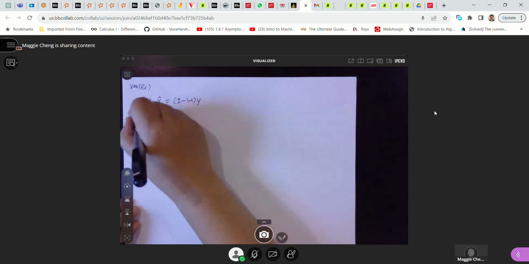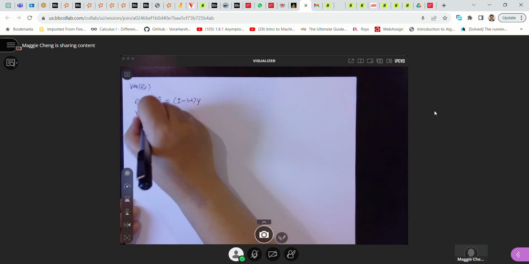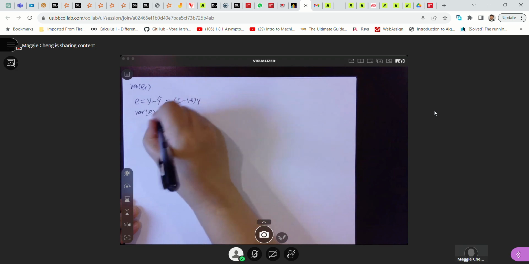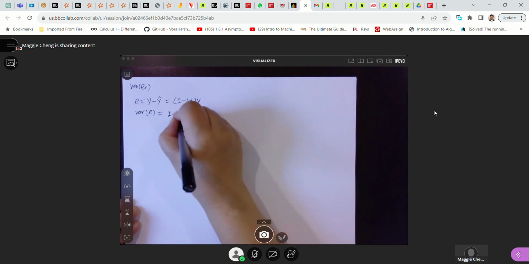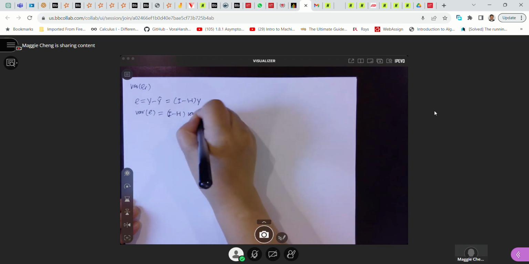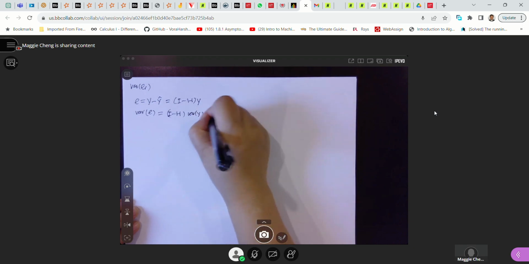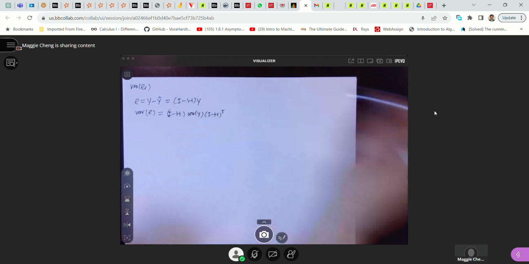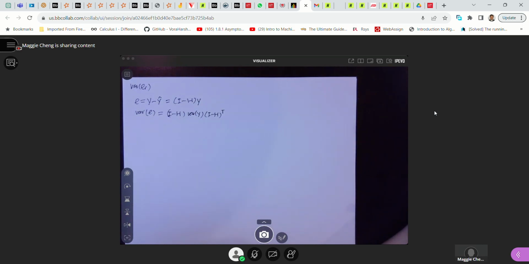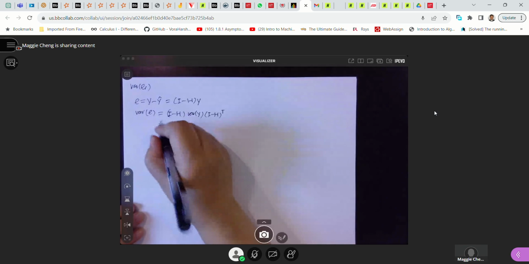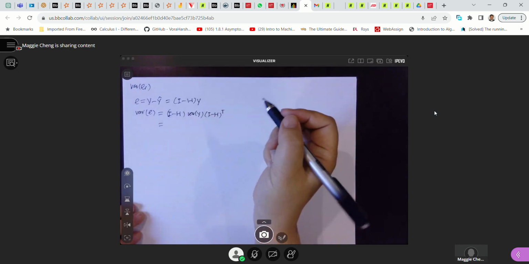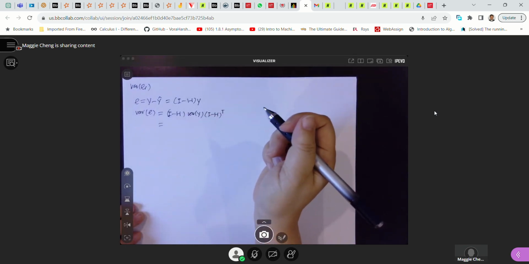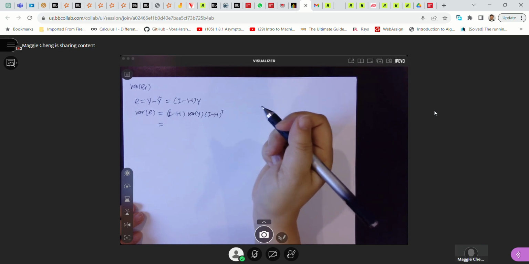With this, we can write out what is the variance of E. You will have I minus H, variance of Y, and I minus H transpose. And variance of Y, we already said it has a common variance, each yi has the same variance sigma squared.